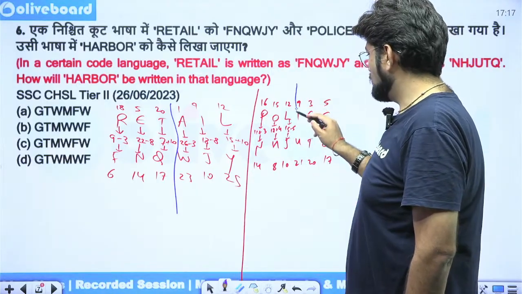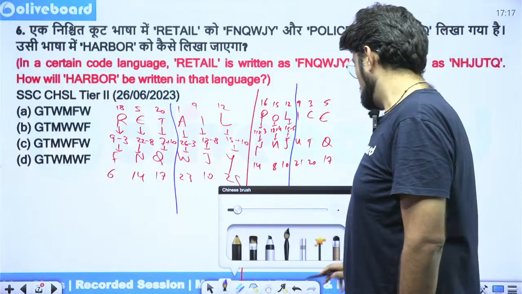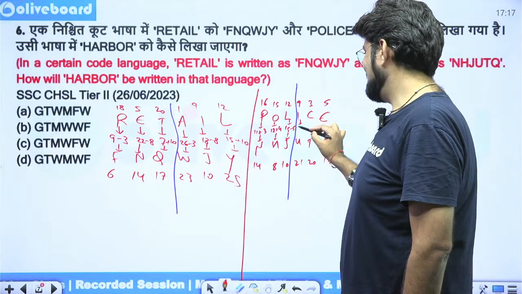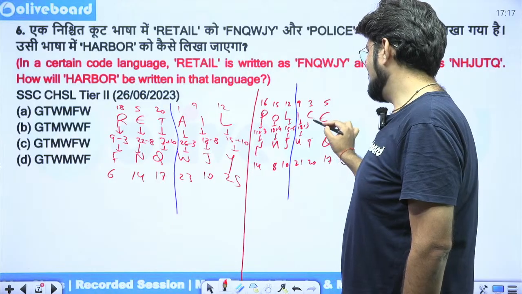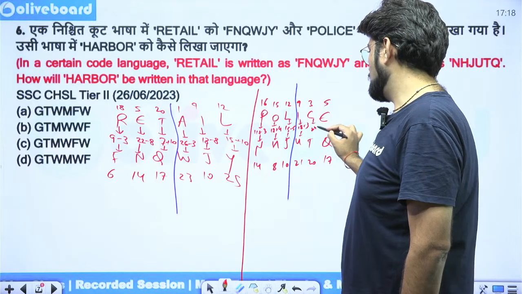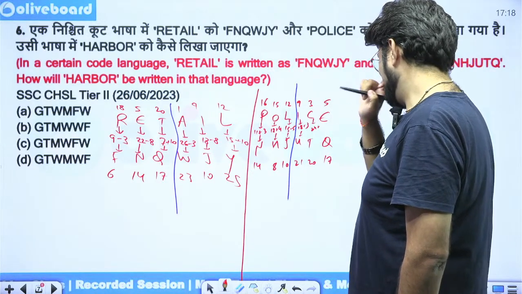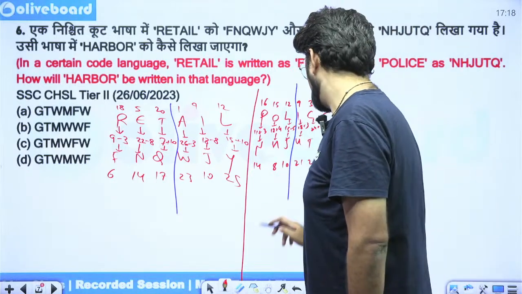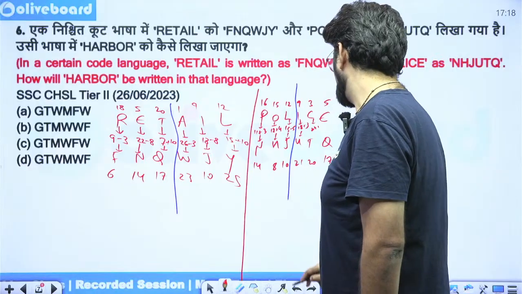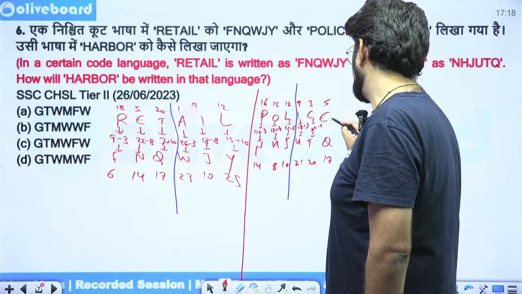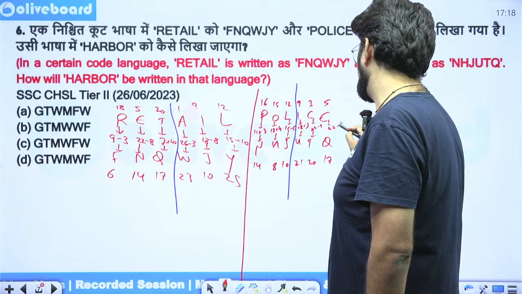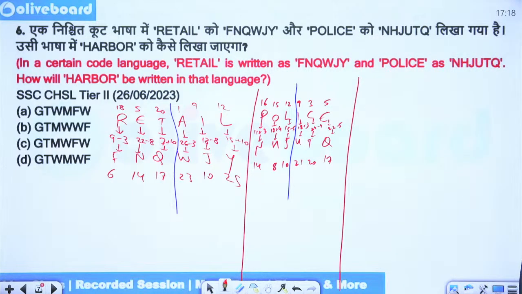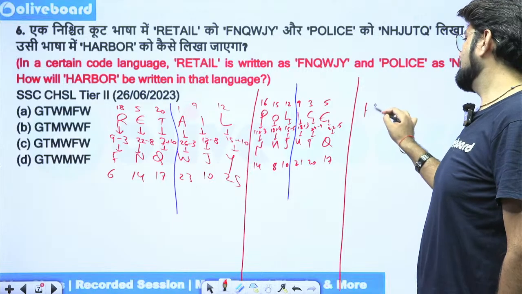Obviously, you were bound to leave this question in the examination. 9 reverse is 18. 18 plus 3 is 21. 3 reverse is 24. 24 plus 4. 24 minus 4. 3 reverse is 22. Minus 5 is. So now we'll verify for the first three letters for harbor.